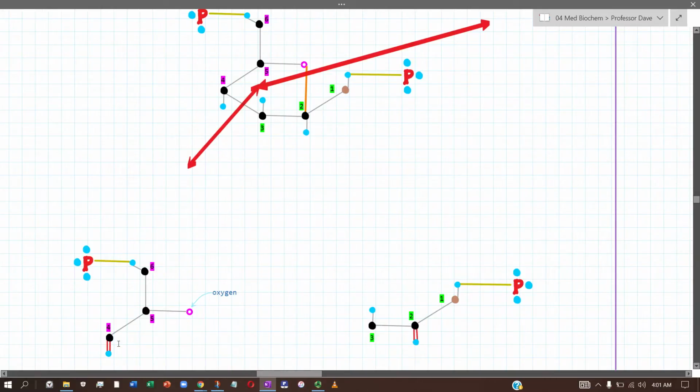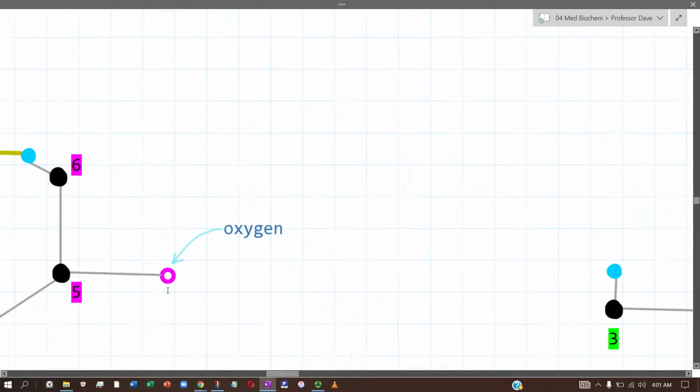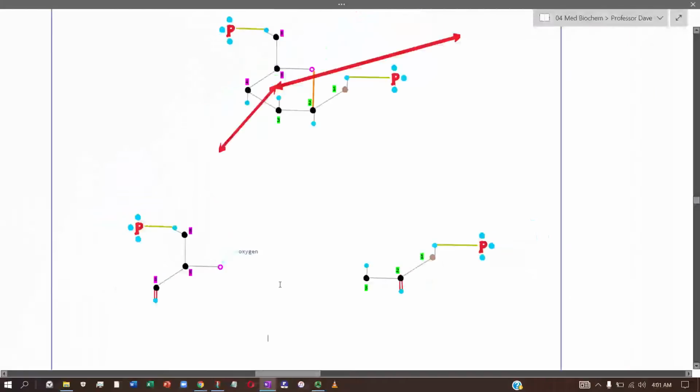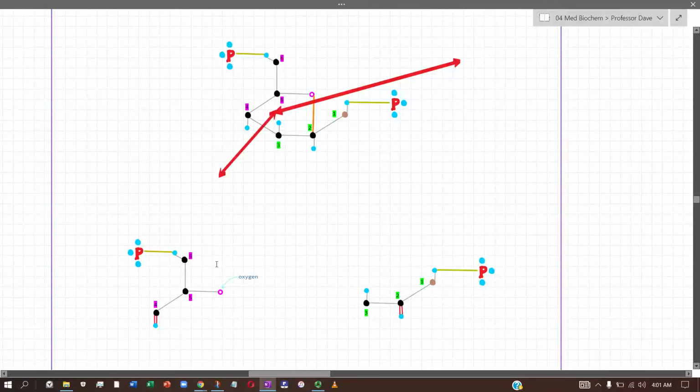And over here also, whatever's drawn here is still drawn the same way. And as a reminder, this purple circle is an oxygen. Just a reminder, because it could be a little confusing, but it does help, I think, ultimately.